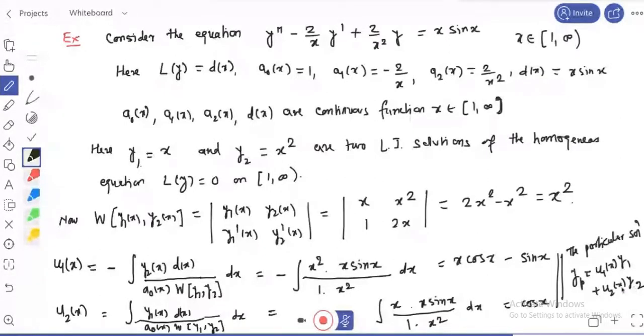Here you can find the value of u1(x). u1(x) is this thing, multiplied by y1, and y1 is x, so you multiply by x here. So x square cos x minus x sin x. And here, if you multiply by x square, minus the integration, minus cos x. Okay.